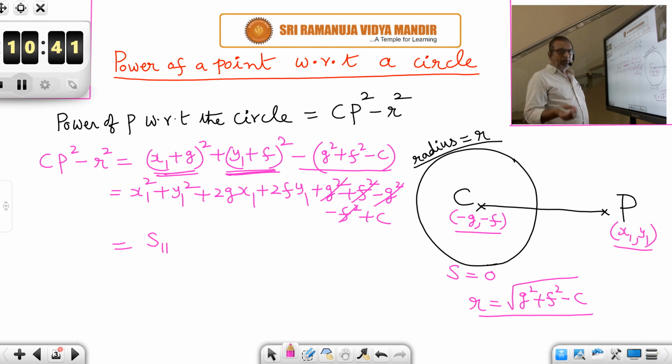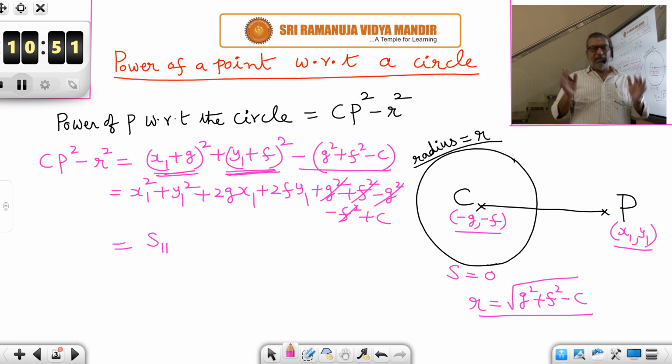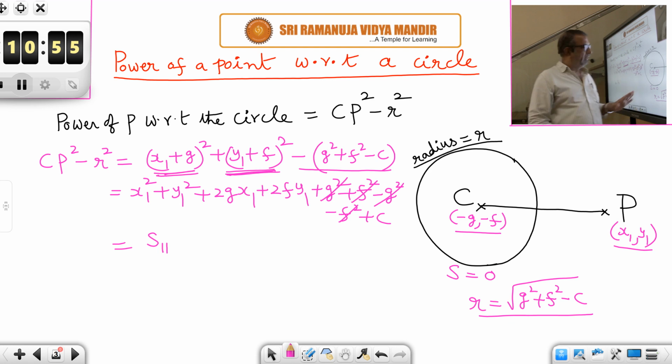That means the point you have to substitute completely in the equation of the circle. You will get some number. You may get a positive number or a negative number or 0, whatever it is. That number is called the power of the point P with respect to the circle. Okay, understood. So, definition is Cp square minus R square, formula is S11 for the power of the point.